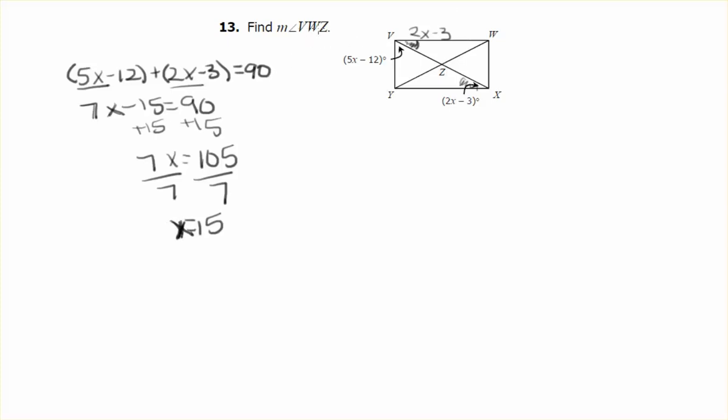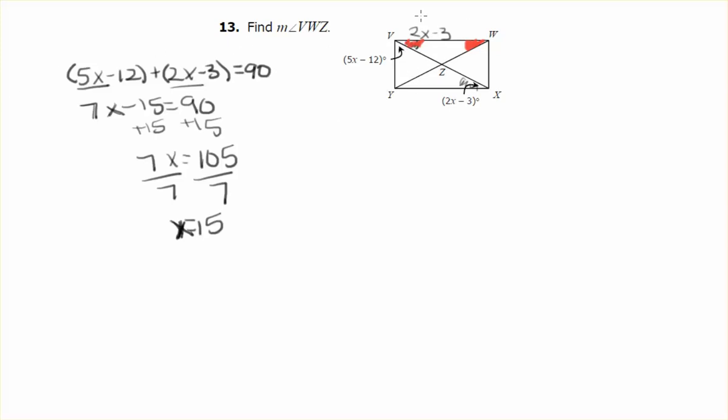Okay, so let's look to see what angle we're trying to find. So it says VWZ. So remember, V to W to Z. It's talking about this inside one. So how could we get that opposite angle? Well, we can figure out this angle measurement, right? Because it would be 2x minus 3.